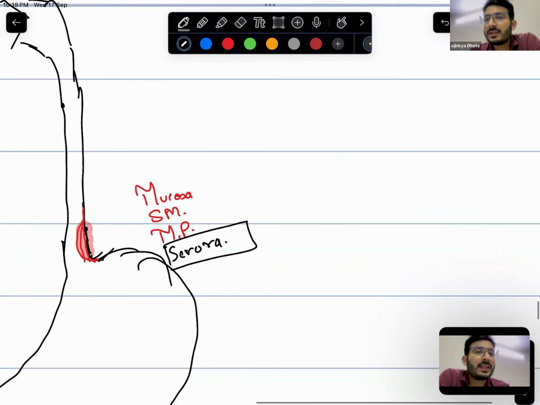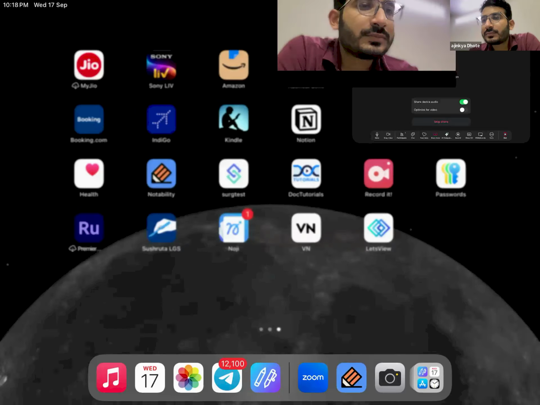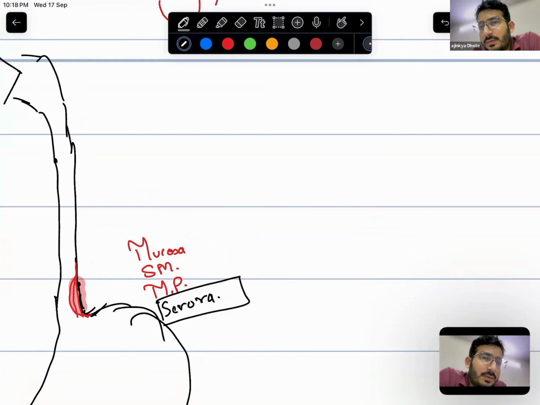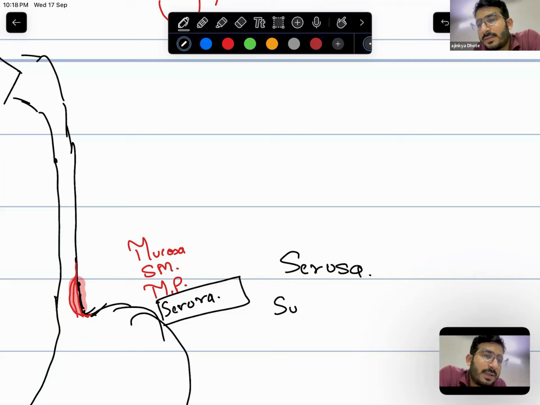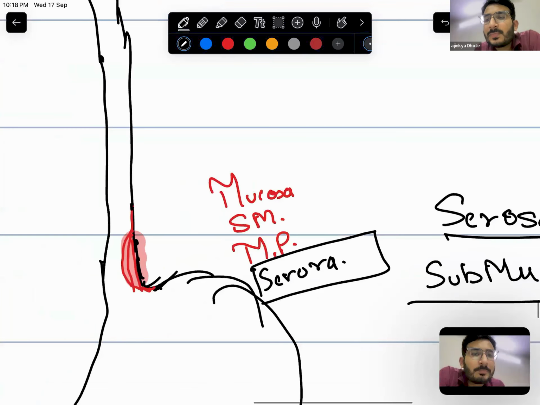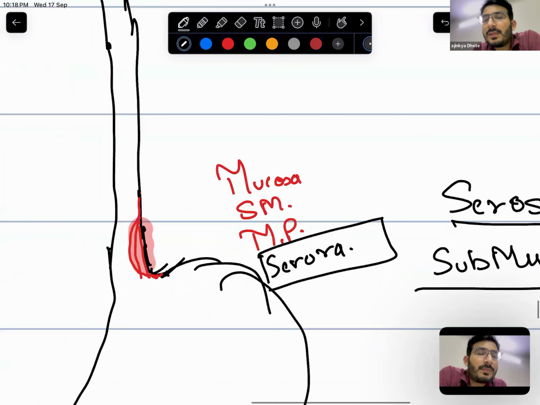Which part of the GI structure lacks your serosa, and which part of the body lacks submucosa? This is a question for you. Do reply on the group or just read it for yourself.